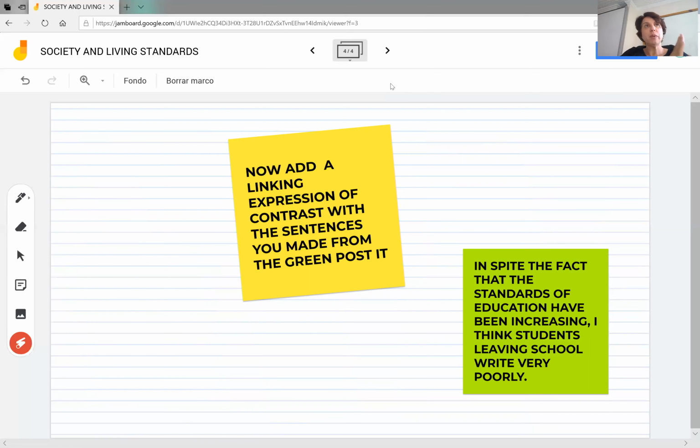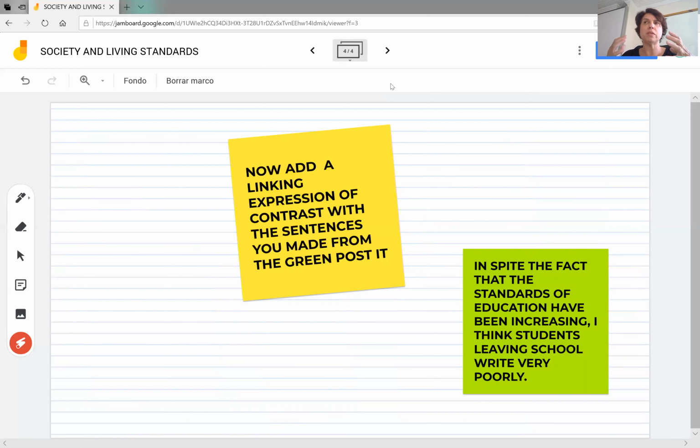So I want you to make your first sentence a bit longer, adding either at the beginning or at the end. Let's see if you can do maybe 2 or 3 sentences using in spite or the word although, and I want you to try and use the words income, education, living standards, cost of living, because that's all what's happening nowadays, no?